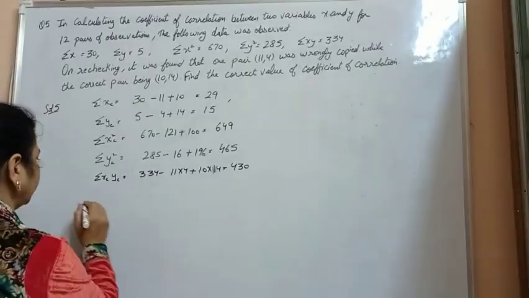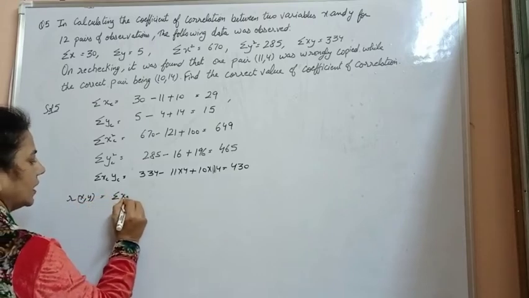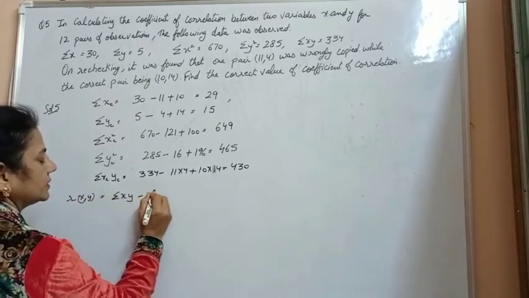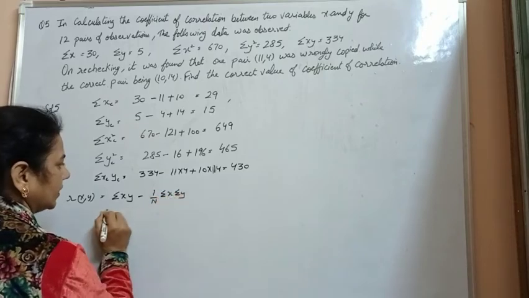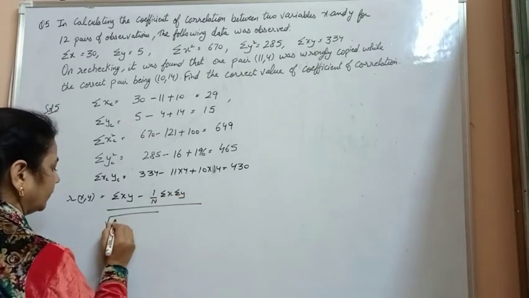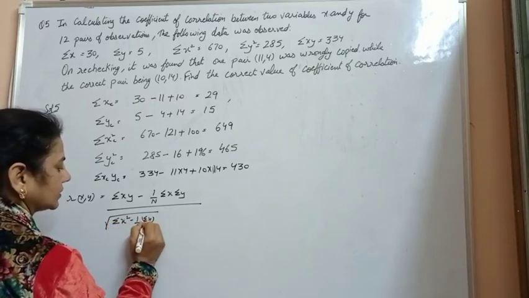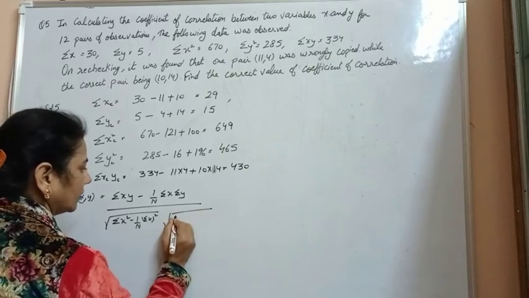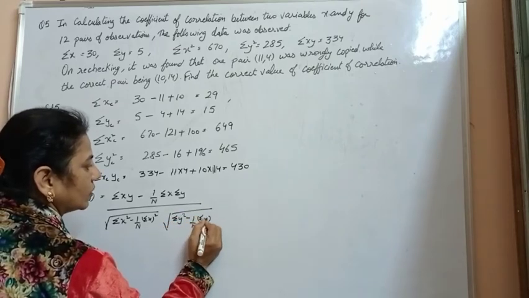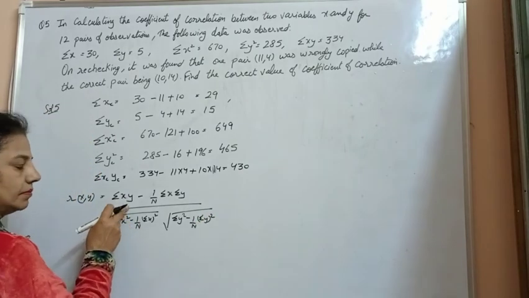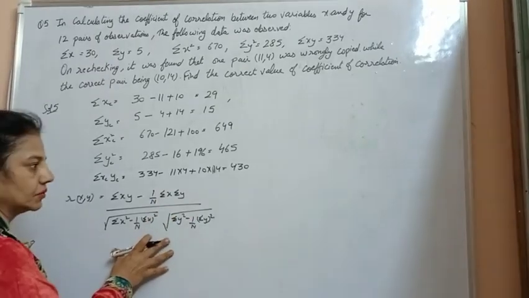Now apply the formula for the coefficient of correlation, which is sigma xy minus 1 upon n sigma x sigma y, divided by under root of sigma x square minus 1 upon n sigma x whole square into sigma y square minus 1 upon n sigma y whole square. Here x and y are the correct information; all correct information we have to substitute.